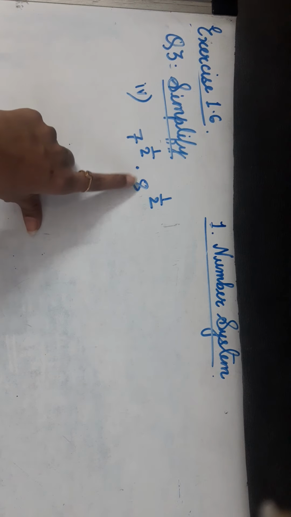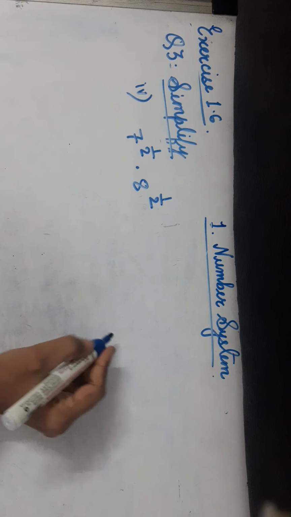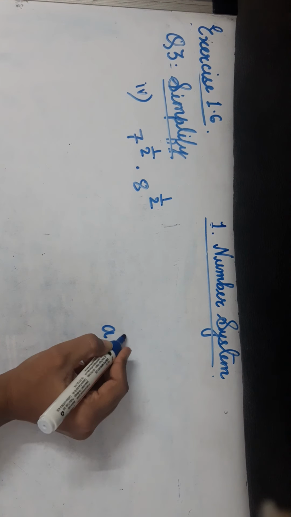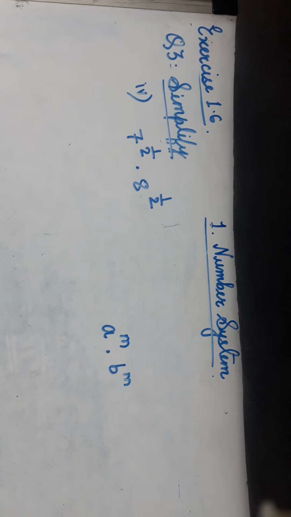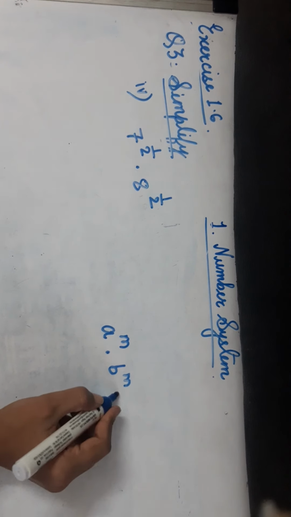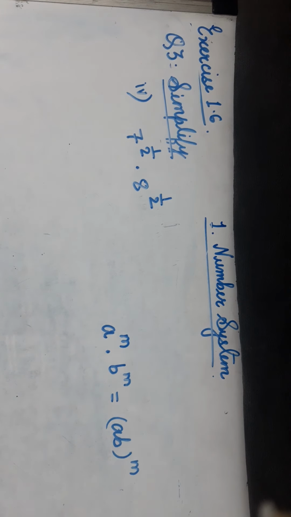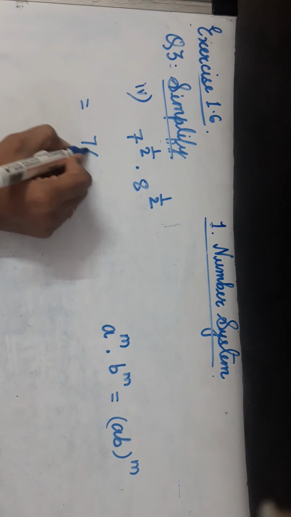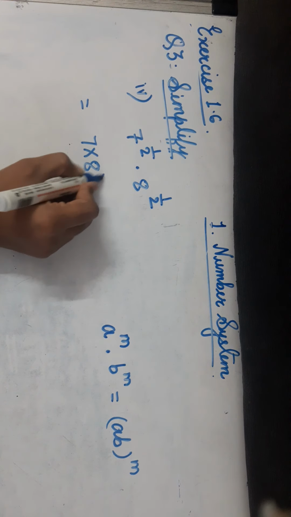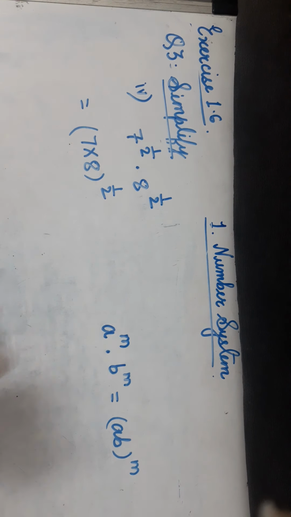So which law? a raised to m into b raised to m, powers are same but the bases are different, is equal to a into b whole raised to m. Remember this law? So using this we are going to solve this question. It will be equal to multiply the bases, 7 into 8 whole raised to, write the power only once.